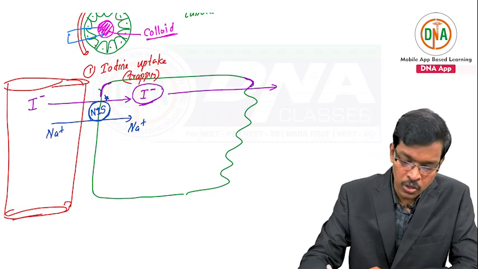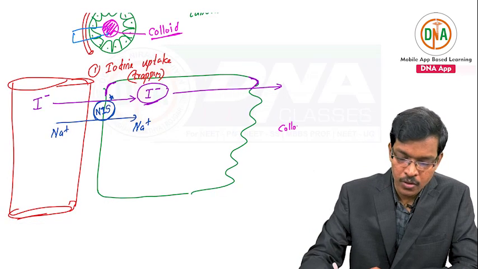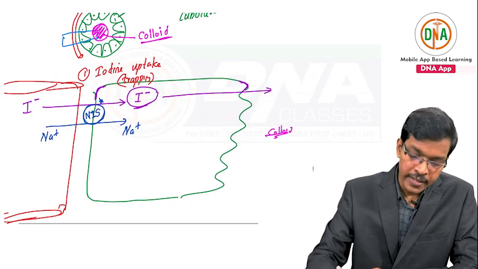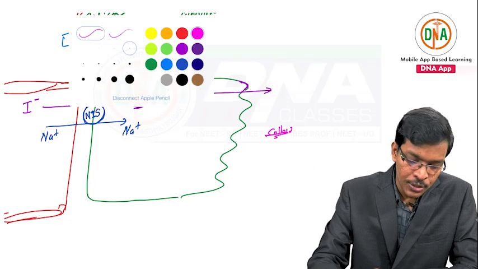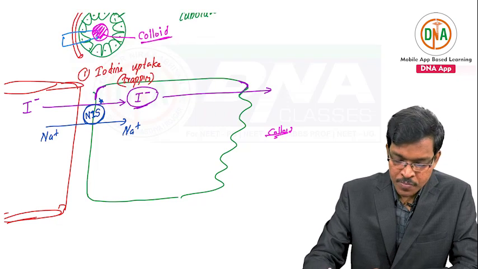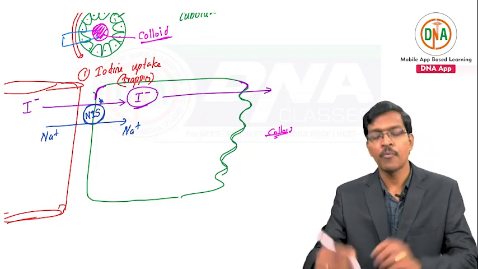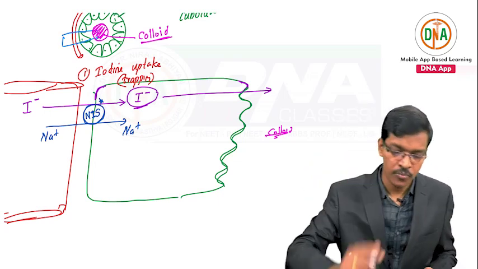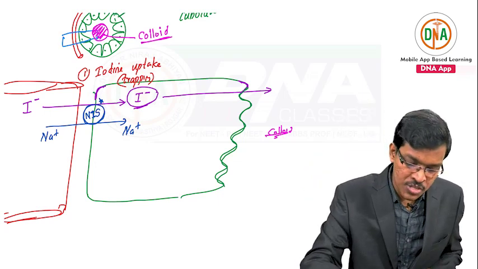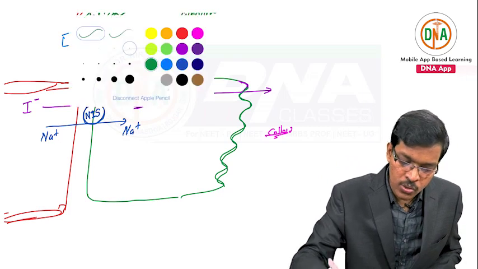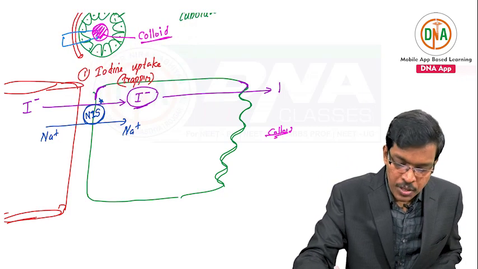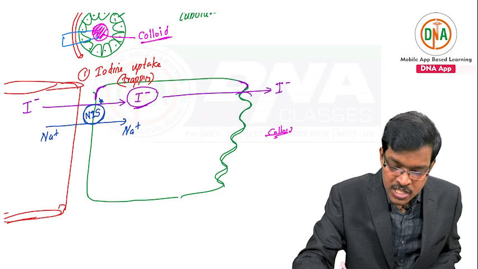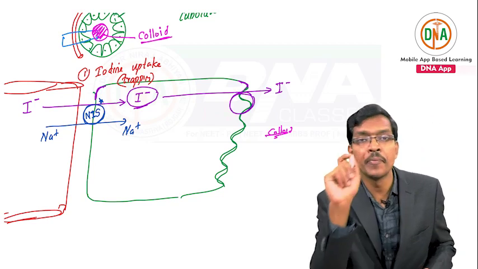So here you have the colloid. Okay. Now, in the apical membrane, you have some important enzymes present. These important enzymes will be catalyzing some important steps. We will see now. The iodine will be transported across this apical membrane with the help of another transporter which is present in the apical membrane.